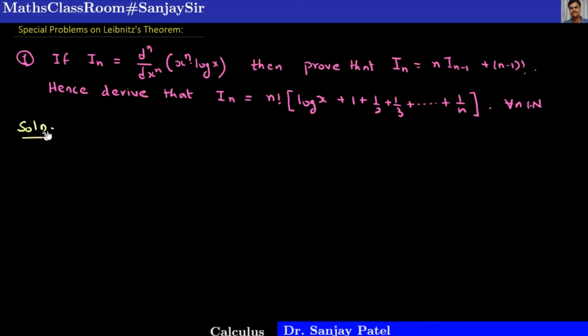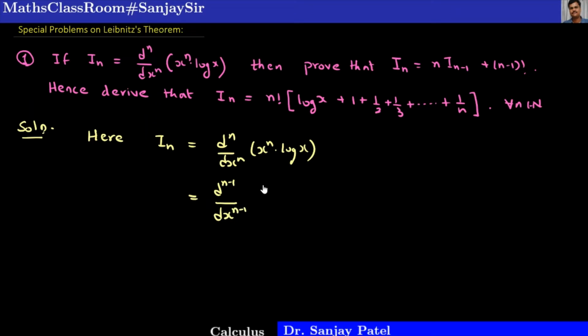So solution, here I start with this symbol In, which is defined as the nth derivative of x raised to n into log x. Okay, this I can write as d^(n minus 1) by dx^(n minus 1) of d by dx of x raised to n into log x.